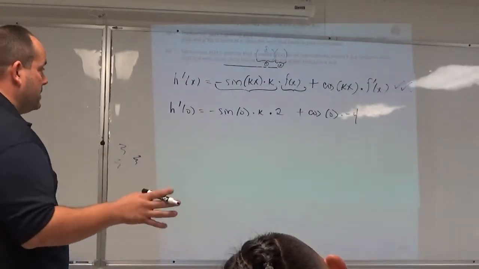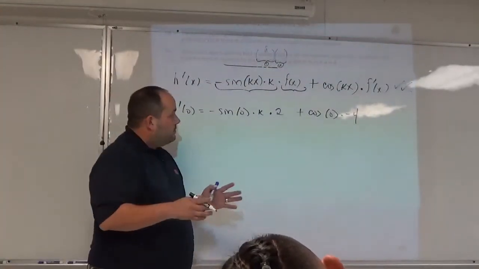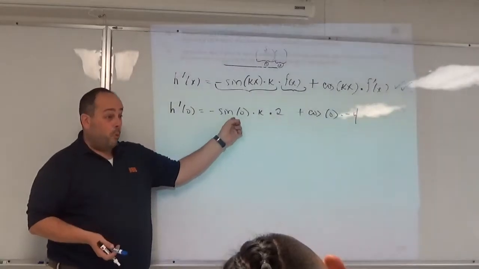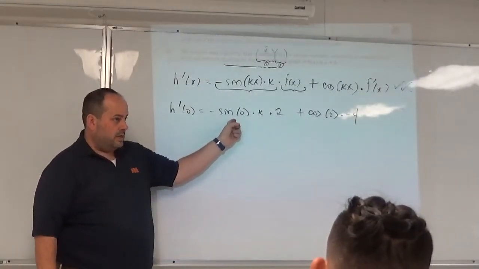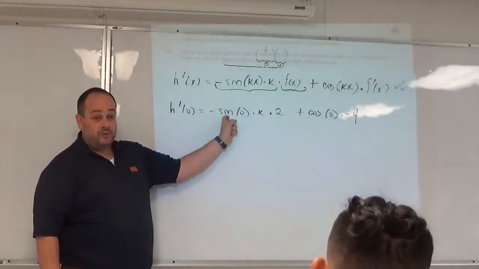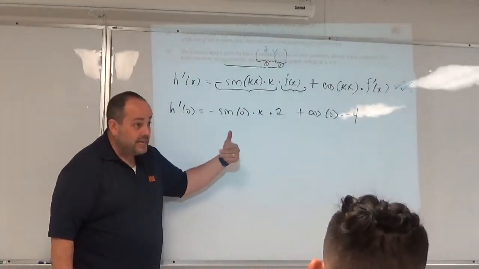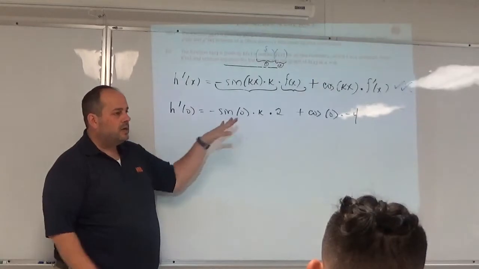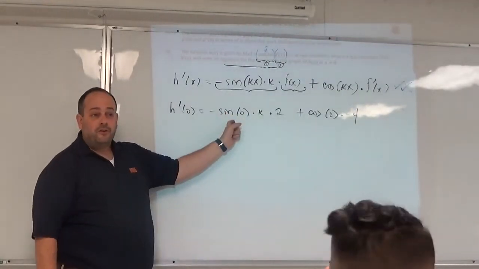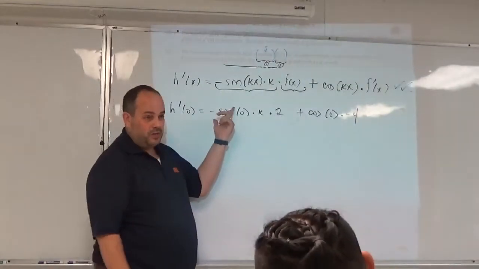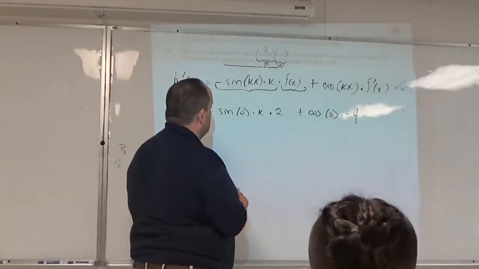Is everything a number or a constant? You might be like, but wait, what about sine of 0? If you know it, feel free to use it. If you're unsure that sine of 0 is 0, leave it. On the free response, you can get the point. On the multiple choice, though, you're doomed.